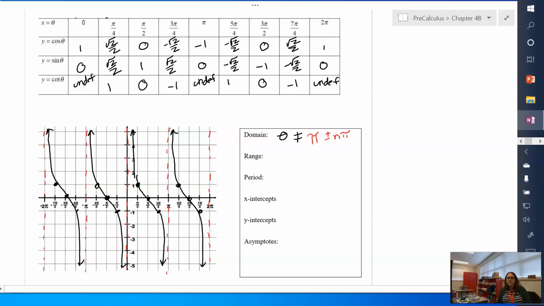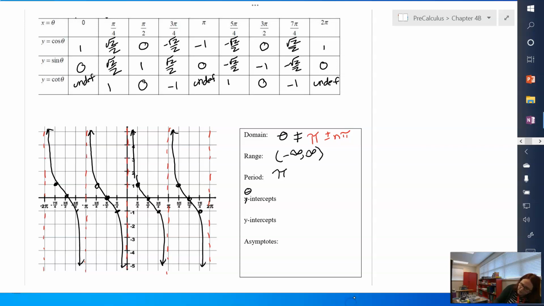Okay. So now look at the graph. Range, which is the y, is all real numbers, so negative infinity to positive infinity. Our period was pi again. Our theta intercepts, this time, were at pi over 2, 3 pi over 2, negative pi over 2, negative 3 pi over 2.